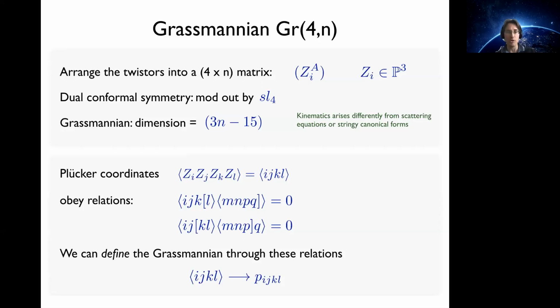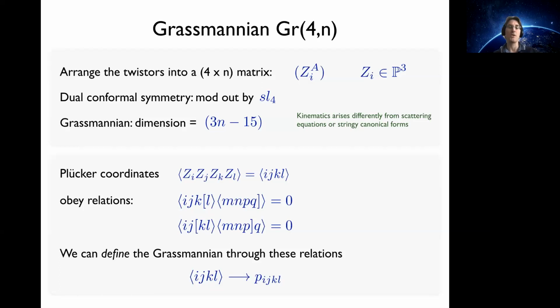Now, these Plucker coordinates, or these determinants, <z_i, z_j, z_k, z_l>, they satisfy quadratic relations. That's because if we try to totally antisymmetrize on any 5 of these 4-component objects, we must get a 0. So we get these Plucker relations. And in fact, we can define the Grassmannian through these relations.